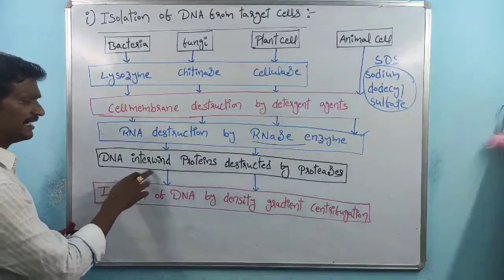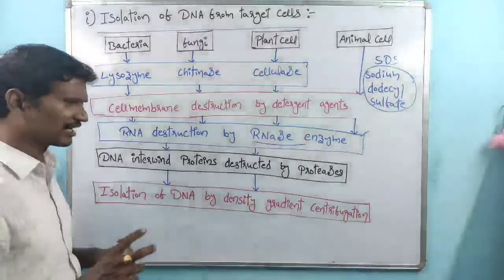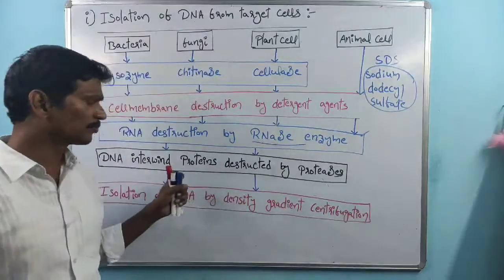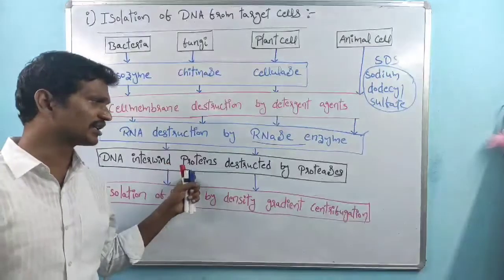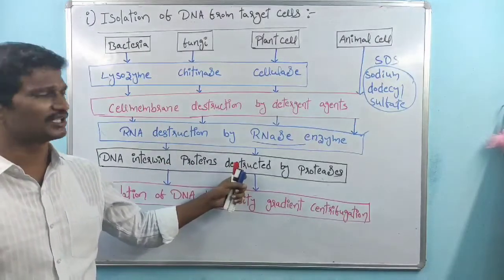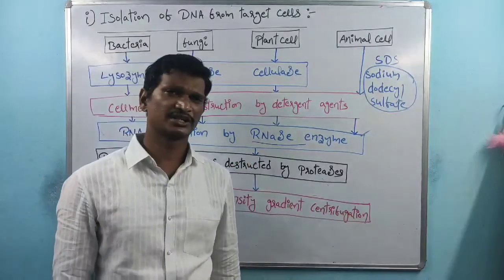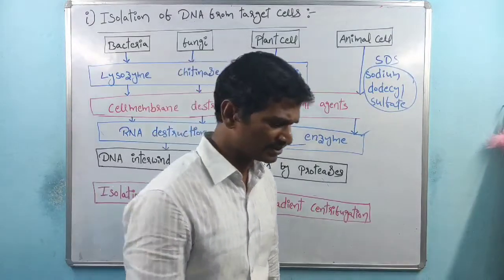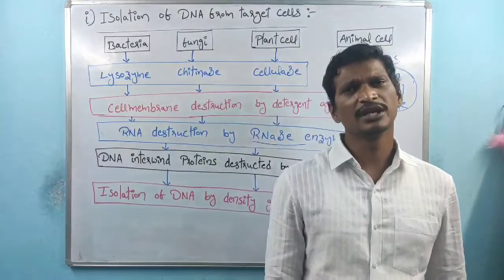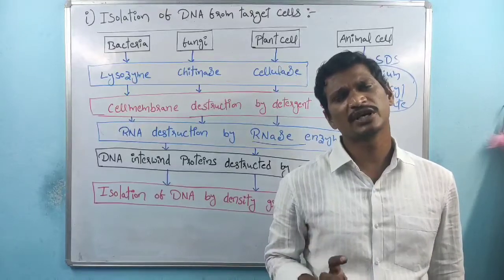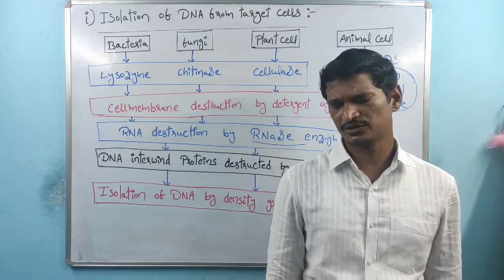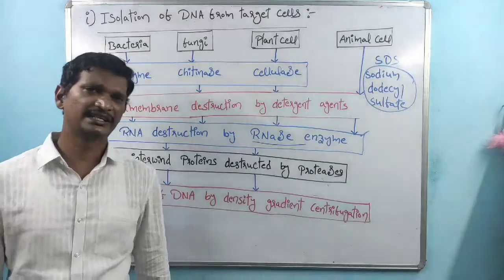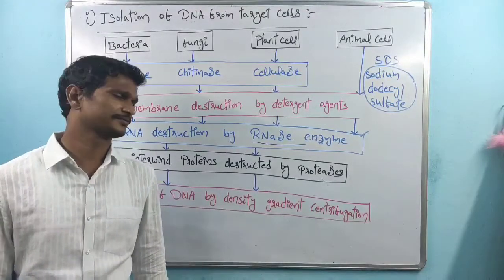The DNA-bound histone proteins or non-histone proteins are destroyed by the usage of proteases. A group of proteases is used to cleave the proteins which bind to the DNA. So that is the destruction of DNA-bound proteins.